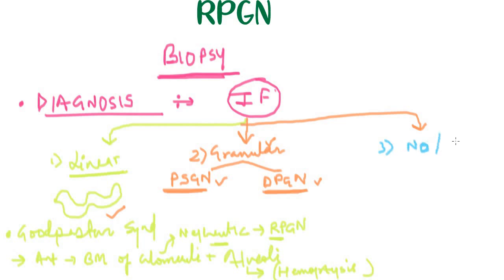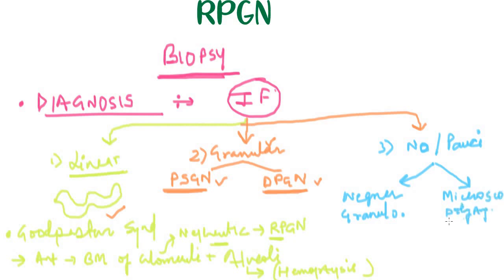Now if the immunofluorescence is neither linear nor granular, but there is no immunofluorescence, or less immunofluorescence, or quasi-immunofluorescence, then the cause of RPGN is one of the vascular diseases. It can be Wegener's granulomatosis or microscopic polyangiitis.